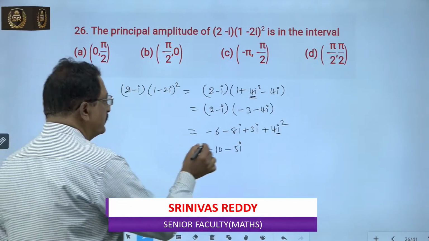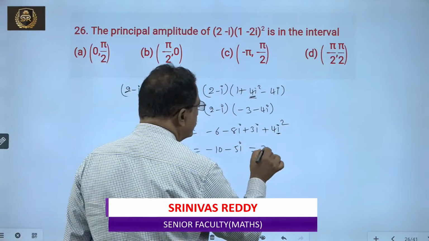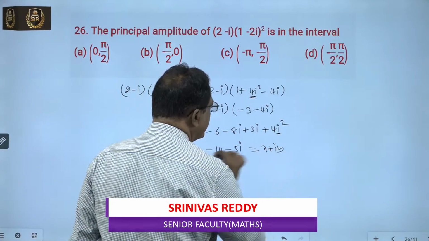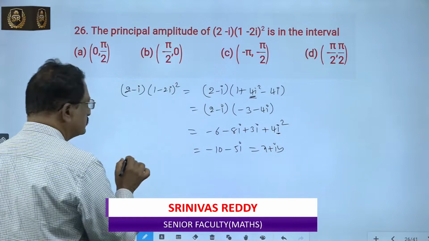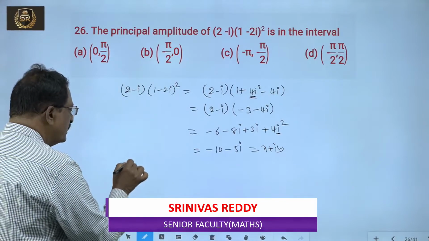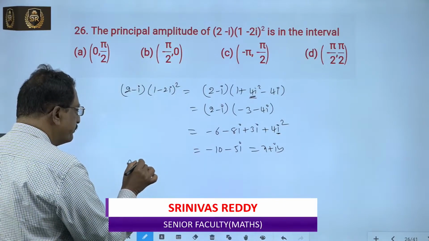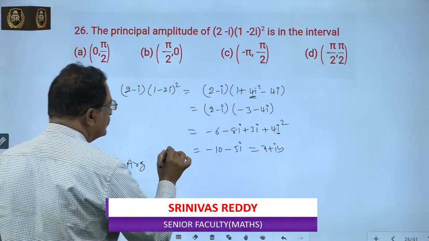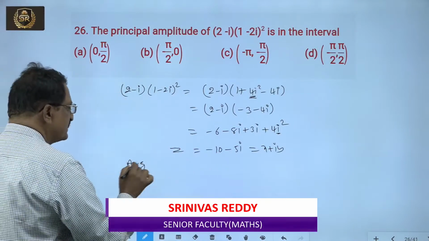Now it is in the form of x plus iy. Now argument: it is considered z, z equals x plus iy.